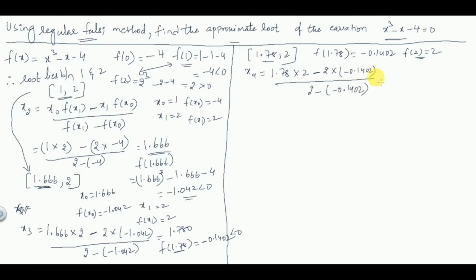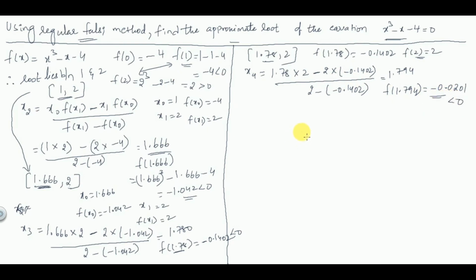If you find this value, you will get around 1.794. And if you find f of 1.794, you'll get around minus 0.0201.